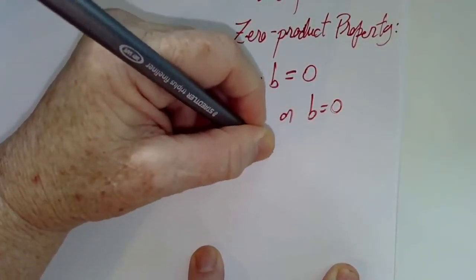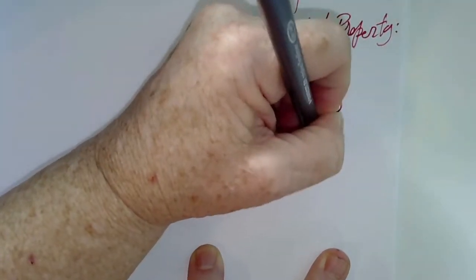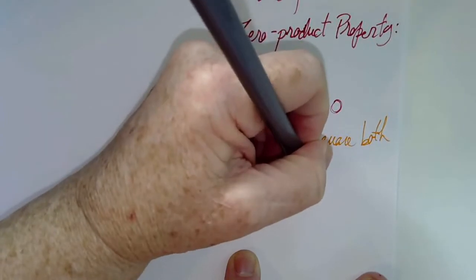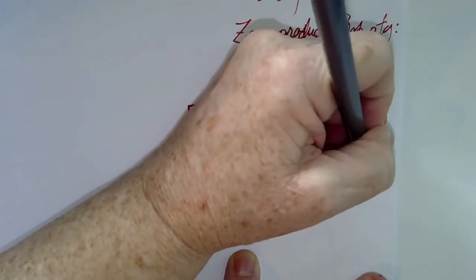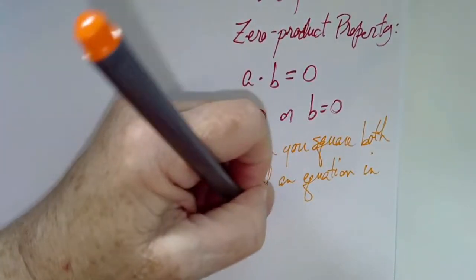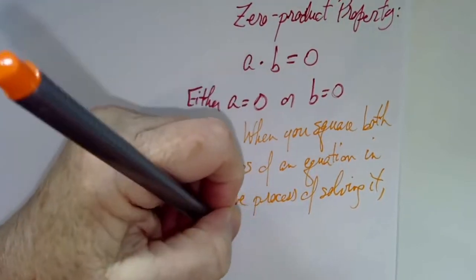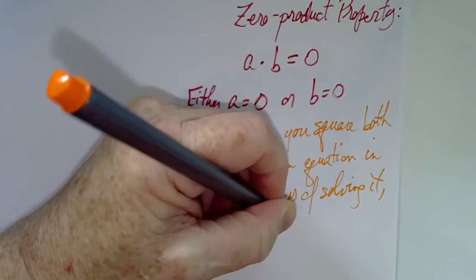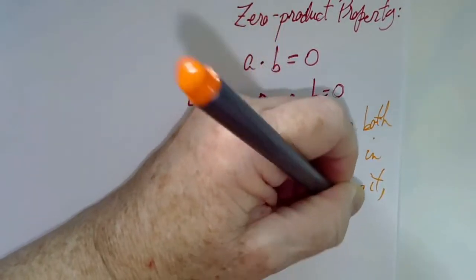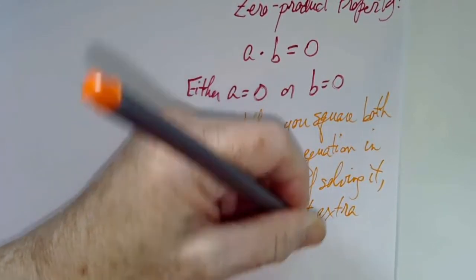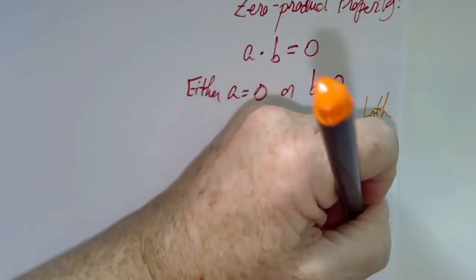When you square both sides of an equation in the process of solving it, you may get extra, and the correct word is extraneous, solutions.